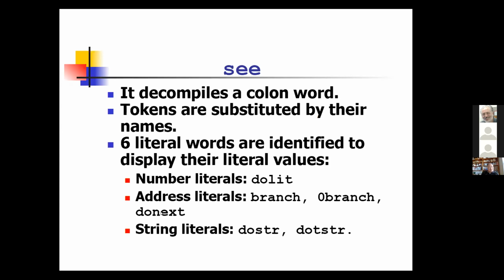And do next, of course, terminates the for-next loop. If it is looping, it will jump to the address following do next, and if the index is below 0, it will exit.